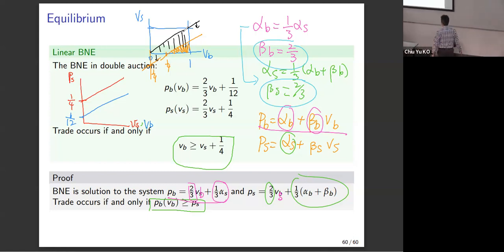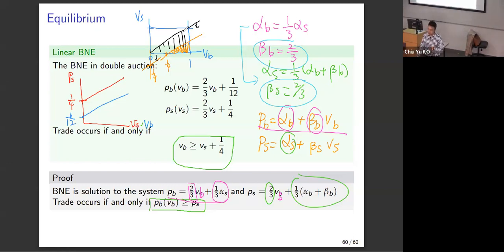And 1/3 depends on how the seller is, the power of the seller, right? How strong it is, how aggressive the seller is, right? Because the higher the alpha S, the more aggressive the seller is, right? This is the reservation value, right? It's the minimum price they are going to try to stick things to you, right?